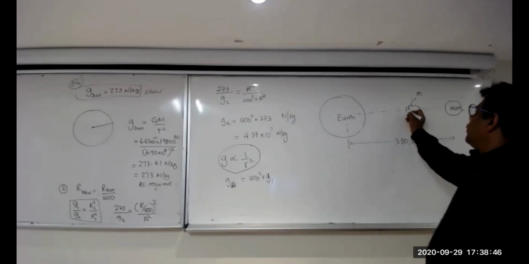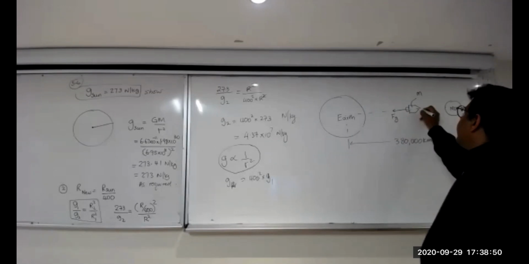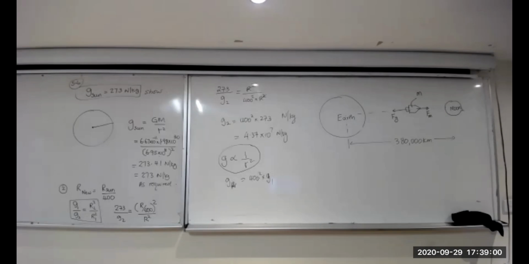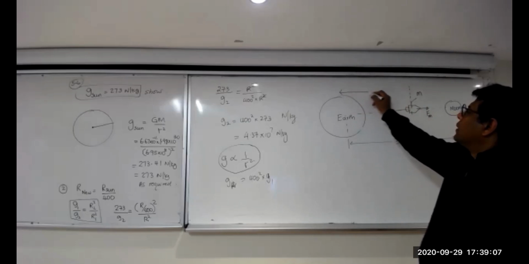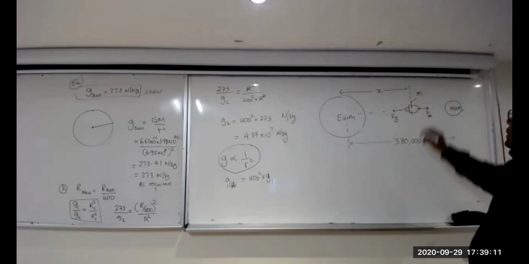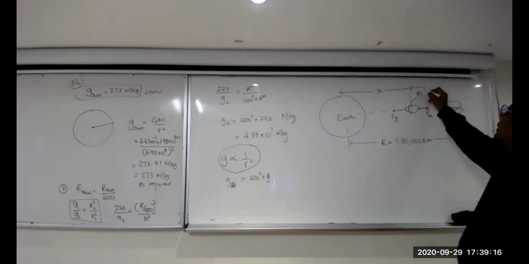The gravitational pull by the Earth and by the Moon on that spaceship cancel each other. Basically, the net force due to gravity is zero at that point. They're asking, what's that distance? Let's say x is that distance. For convenience, let's say this value is r minus x.